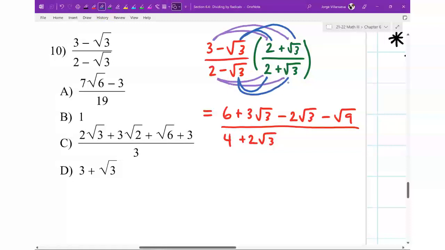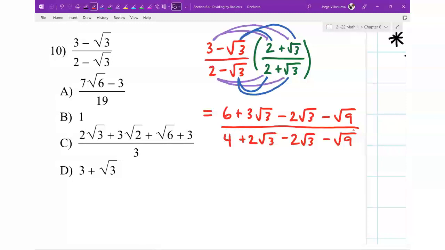Negative radical 3 times 2 is negative 2 radical 3. And negative radical 3 times radical 3 is a negative radical 9. Again, just be very careful, be patient, take your time, because if you mess up, then you got to do it all again. So better to do it right the first time. Right? So just take your time.